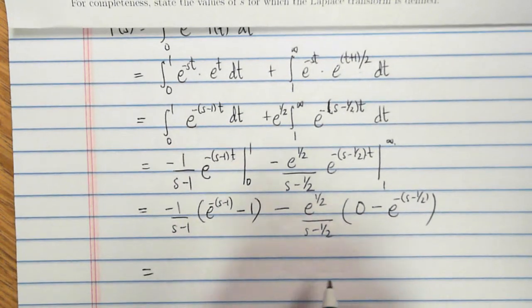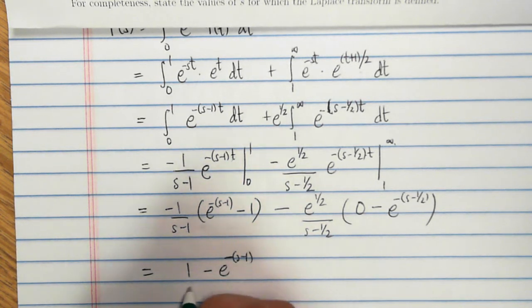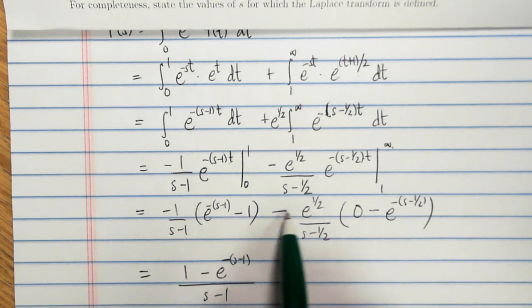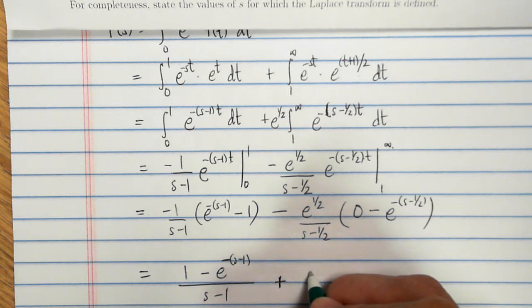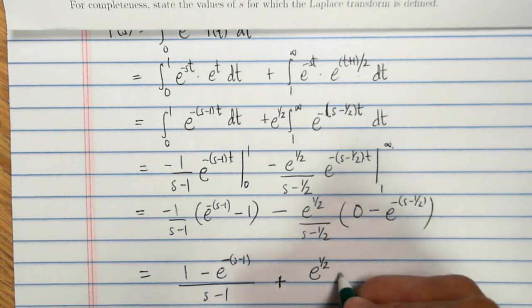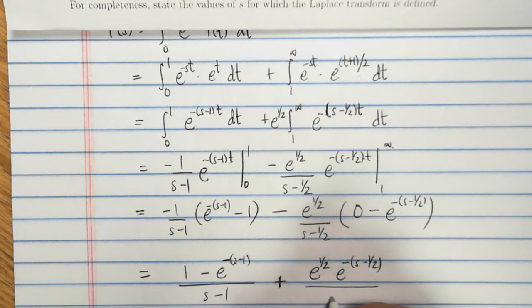And so our answer is going to be 1 minus e to the negative (s minus 1) over (s minus 1). Then here, a minus becomes plus, e to the 1/2 times e to the negative (s minus 1/2) over (s minus 1/2).